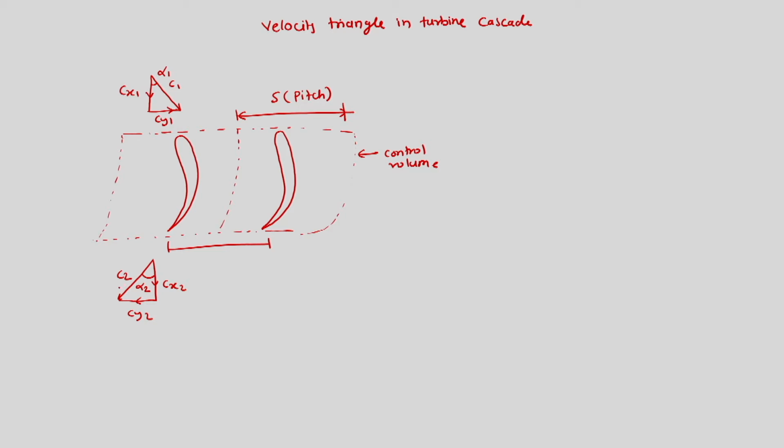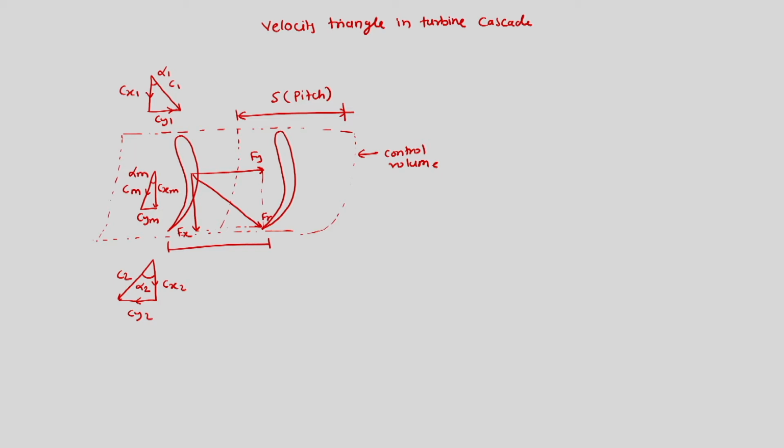From these two velocity triangles a mean velocity triangle is constructed. So, this is Cxm, this is Cm and this is Cym, and the included angle is alpha m. In such a case the forces acting are Fy and Fx, and hence the resultant is Fr.